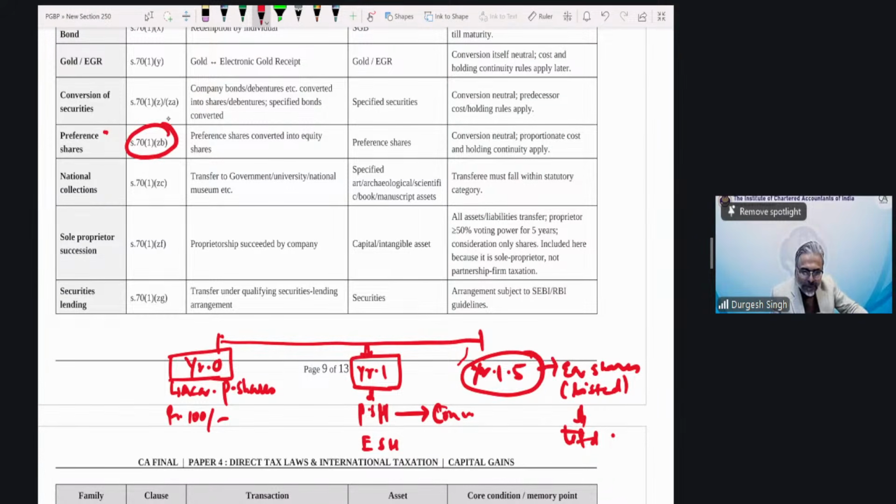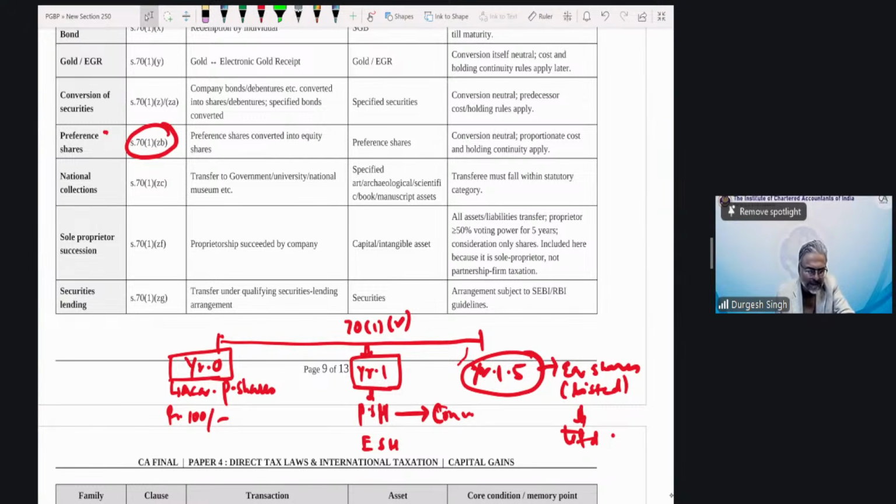So 71ZB, can you see this one, students? This section categorically states that any conversion from a preference to equity is not a taxable transfer. You can just forget the clause number; you can just remember 71. That much is more than enough.